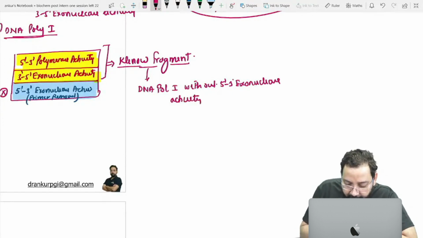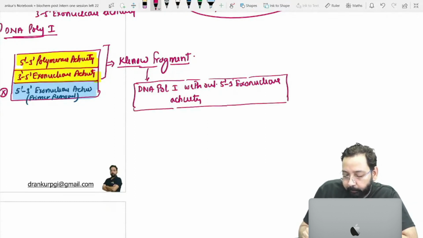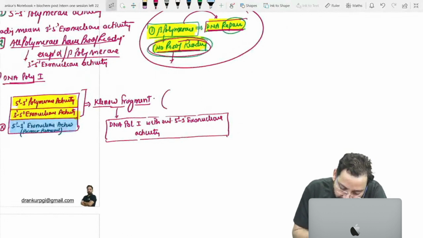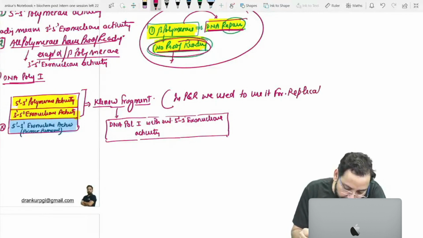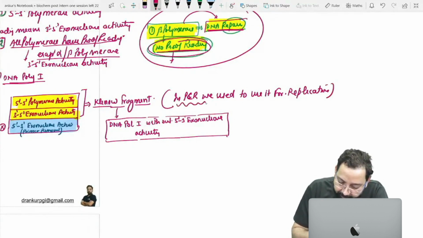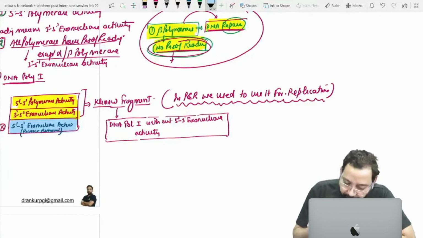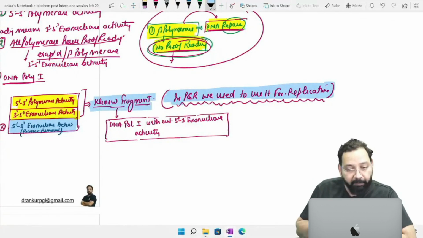Why is this fragment formed? It is formed because we require it in PCR, polymerase chain reaction, where we used it for replication. So this is the Klenow fragment.